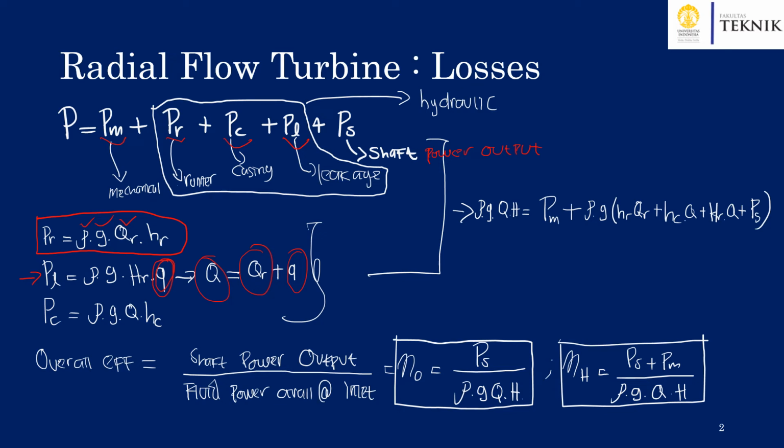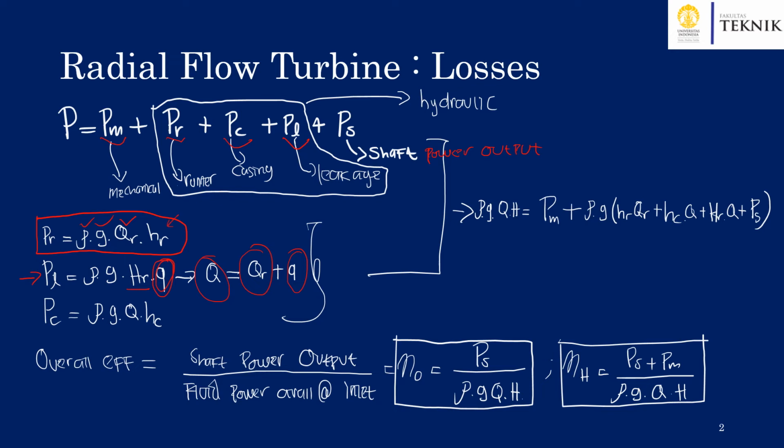So we put them together and then we get the total flow rate, so to say. And capital H here is the total head across the runner. So don't get it wrong with the small HR here, which is the head loss. And capital H is the total head across the runner.